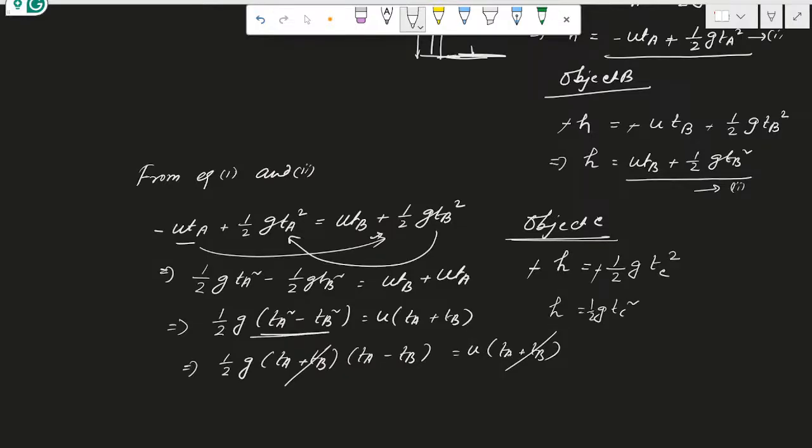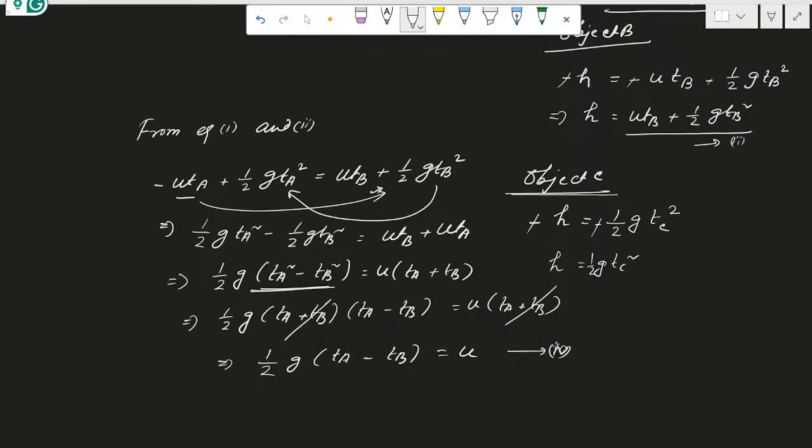Here I have used the a square minus b square formula, correct? ta square minus tb square is equal to (ta plus tb)(ta minus tb). Now this ta plus tb on both sides gets cancelled, and you have half g (ta minus tb) is equal to u. Let's call it equation 4, actually, since equation 3 is already given.